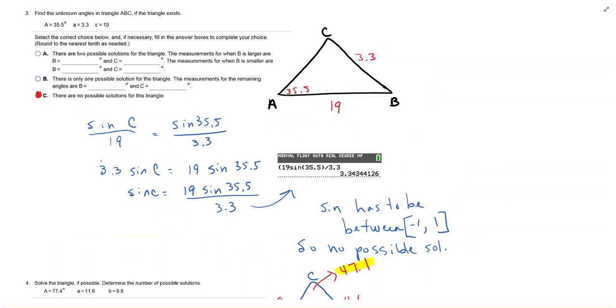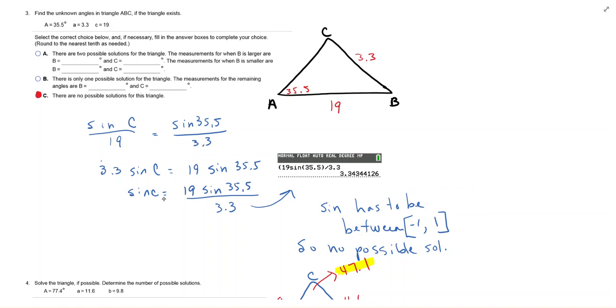In number 3, you were given some information, and I wanted you to see that you can really tell some of these things by just starting out. And I said, well, sine C over 19 is equal to sine A over a.